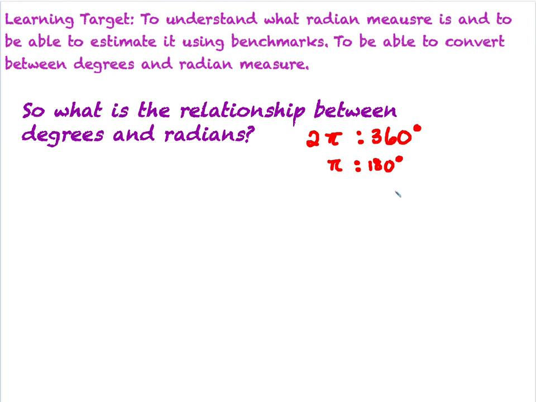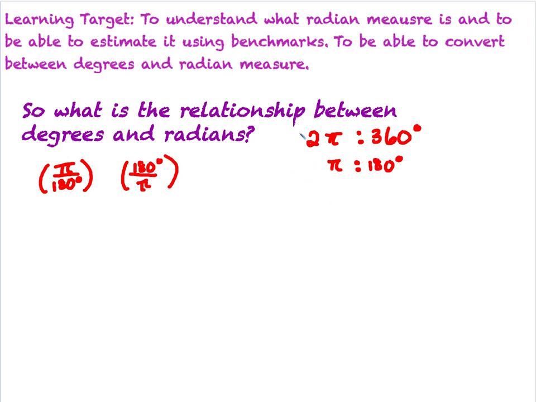What that'll enable us to do is to formulate a conversion factor, and we're either going to use pi over 180, or we're going to use 180 over pi, depending on what we're trying to accomplish. And I think that's probably best shown using an example. So hopefully you're okay with this idea.